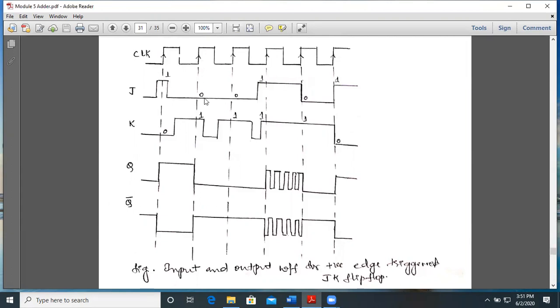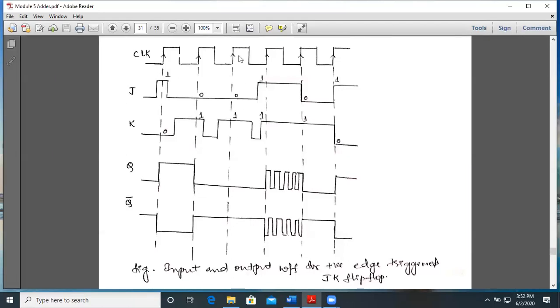In the second one, we have J as 0 and K as 1. If J is 0 and K is equal to 1, the output of the flip-flop is reset. Reset means it goes to the 0 state. Here it is being shown as the 0 state up to here. And then we have to look at the next state.